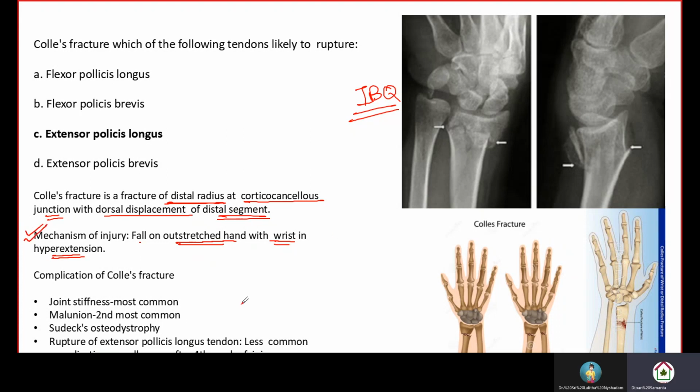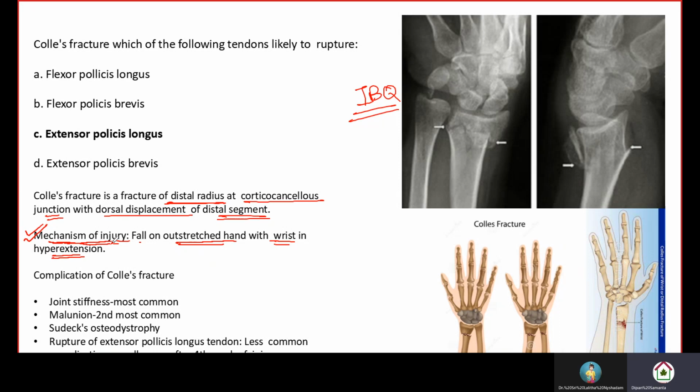Even a question may come on the mechanism of injury, or it may be included in the case. The person, or the child, fell down on an outstretched hand with a hyperextended wrist. So you can understand this is Colles fracture.